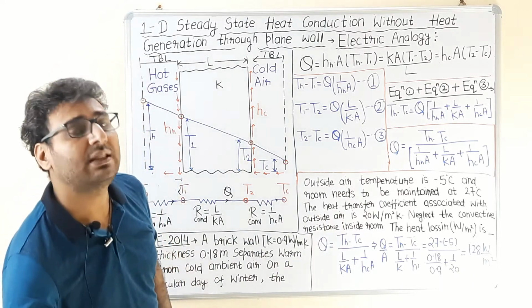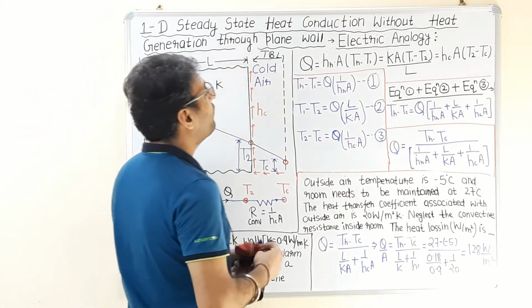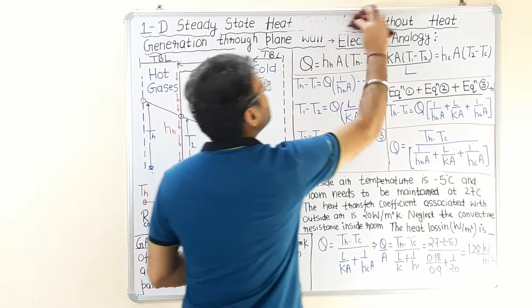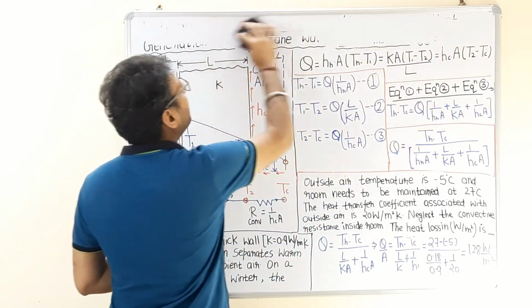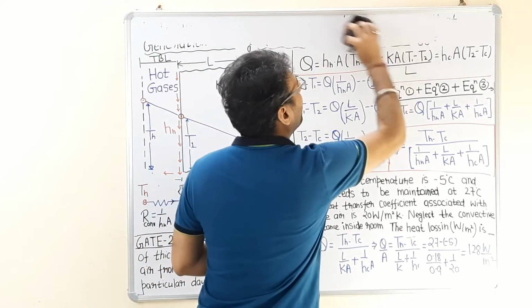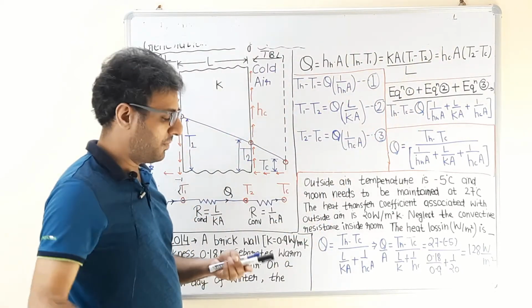Now we need to determine the electric analogy. If we compare the formulas for heat transfer rate with the electric system, then we will find the following. Firstly, arrange the first formula.